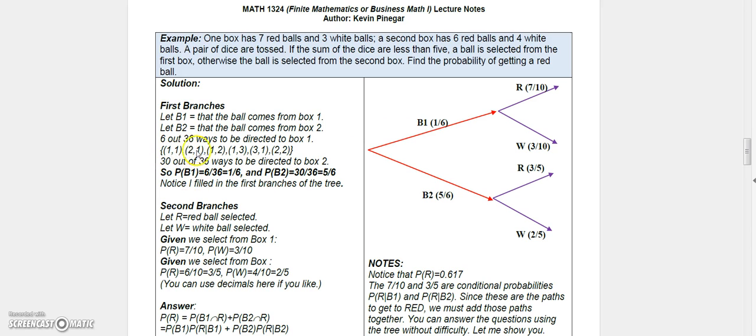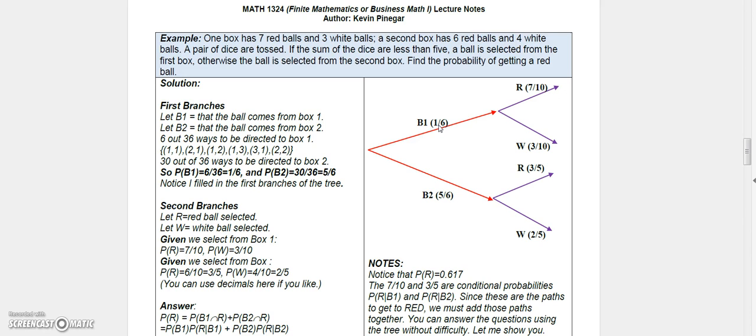So the probability of getting a number less than 5 is 6 out of 36, which reduces to 1/6. In other words, the probability you select from box 1 is 1/6. Then the probability selected from box 2 must be the complement, 5/6.